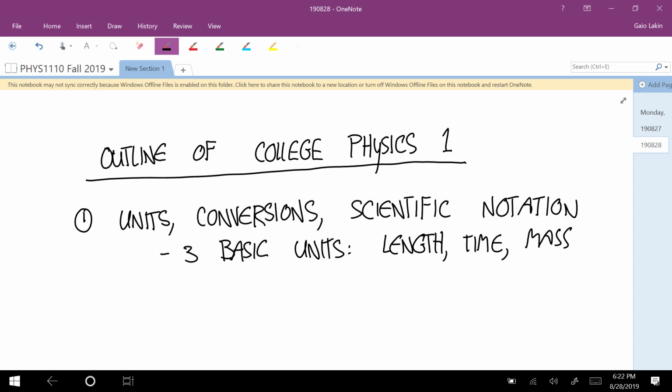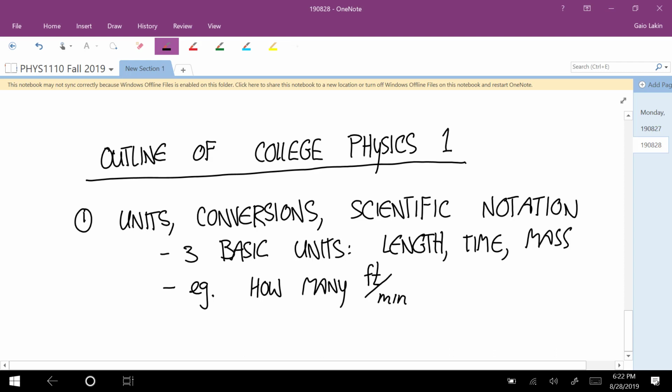And the kind of stuff that we're going to want to convert is, for example, how many feet per minute squared are there in 10 meters per second squared.